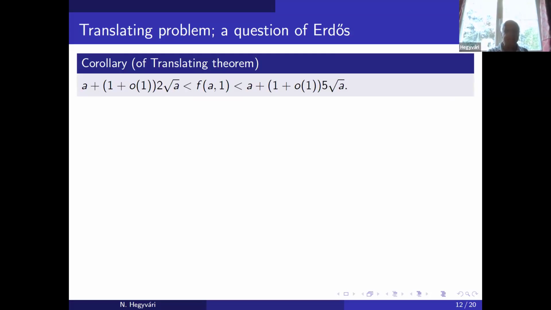When the difference is 1 and the starting element is A, we ask what is the farthest element when we have pairwise different consecutive sums. And the result is what you see: it is A plus 2 times the square root of A, and A plus more or less 5 times the square root of A.